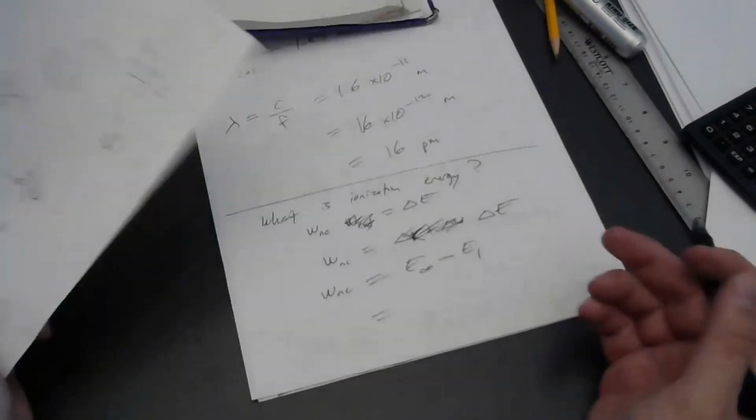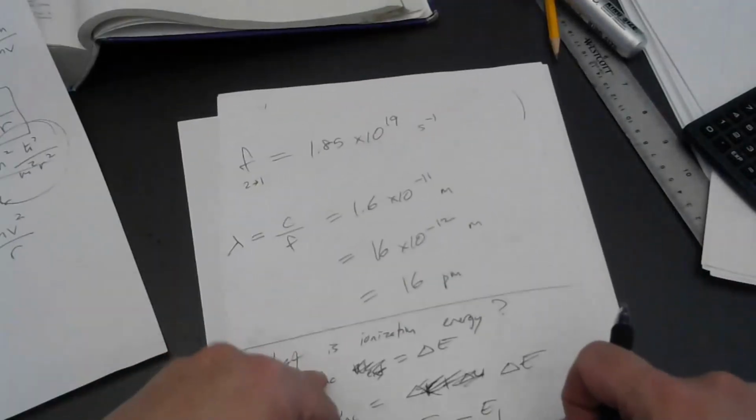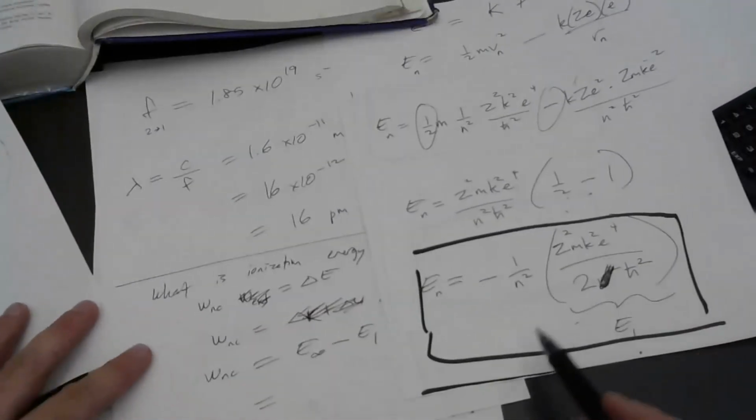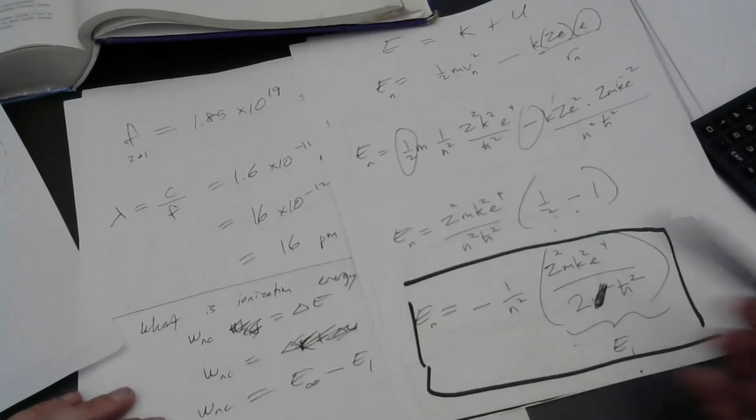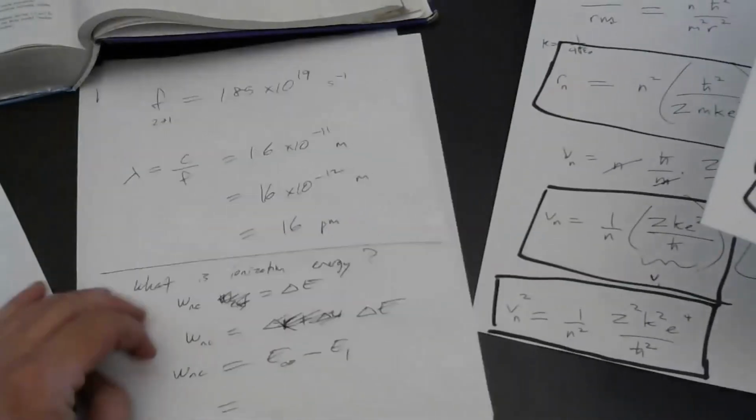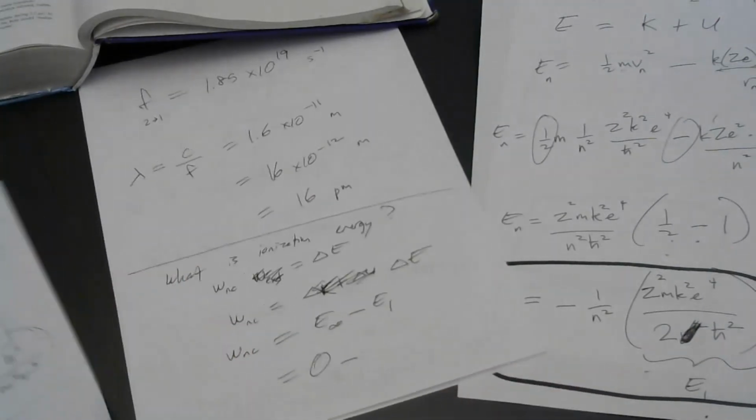Well, E infinite, if you go back to the formula for each energy level, yeah, see, this is where my organizational skills are suffering. For E infinite, you would plug in n equals infinity, 1 over infinity squared. Well, that's 0. So 0 is the total energy of the highest state.